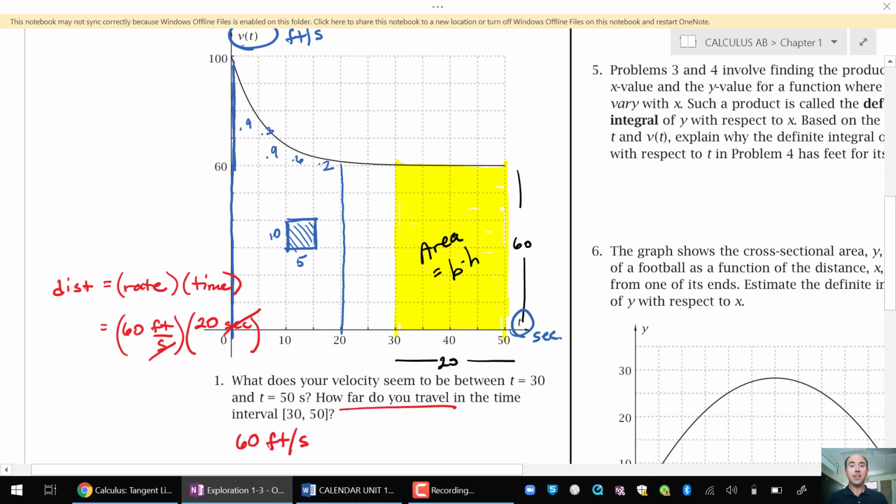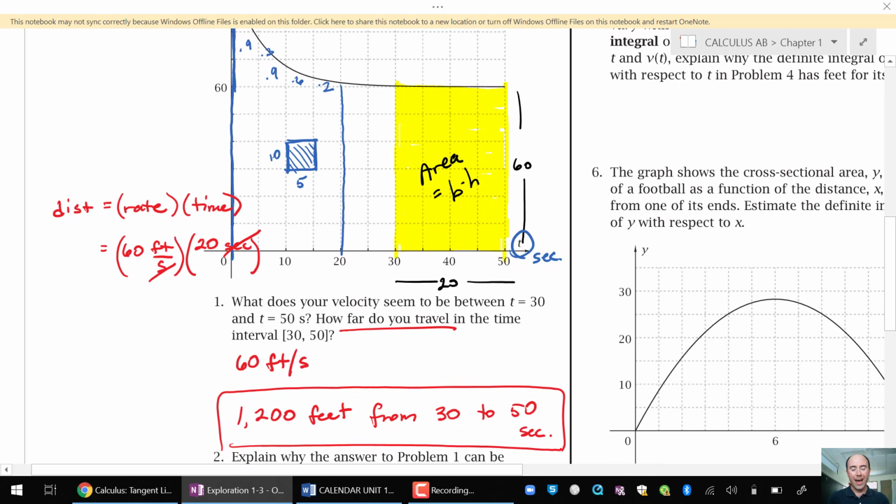Remember that the distance formula is simply rate times time. So if I'm traveling 60 feet per second for 20 seconds, then I have a total distance traveled of 1,200 feet from 30 to 50 seconds.